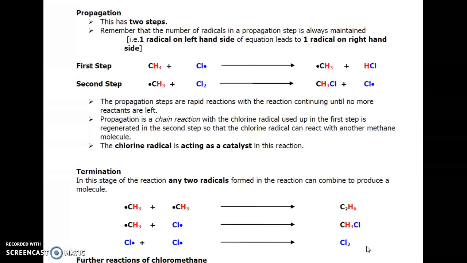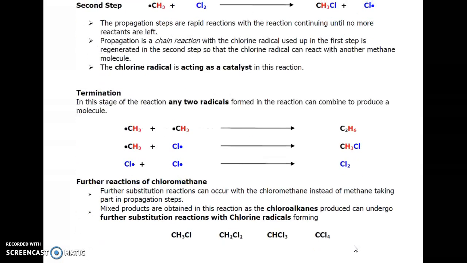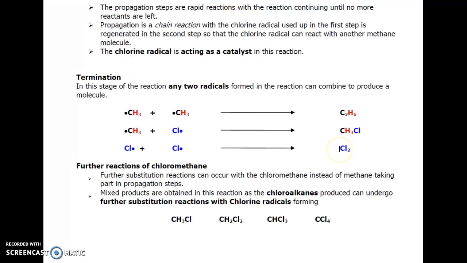However, this poses a problem, because chances are your reaction mixture will still be under the action of ultraviolet light. So this means that more chlorine radicals can be formed and then react. Now the trouble is that you get to a certain point in your reaction and you don't have much methane left, but you've got a high proportion of chloromethane here.